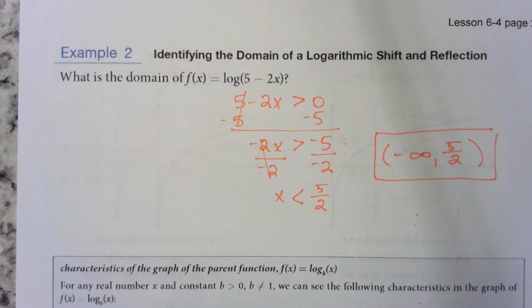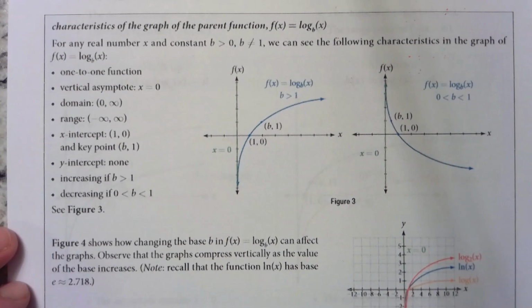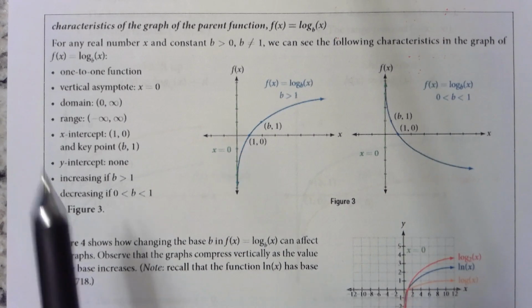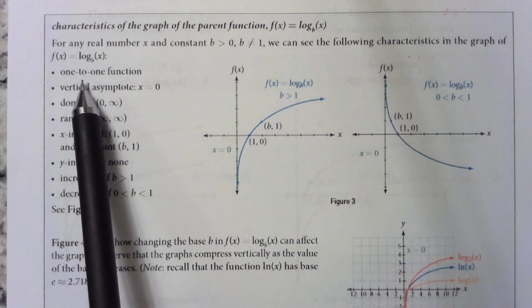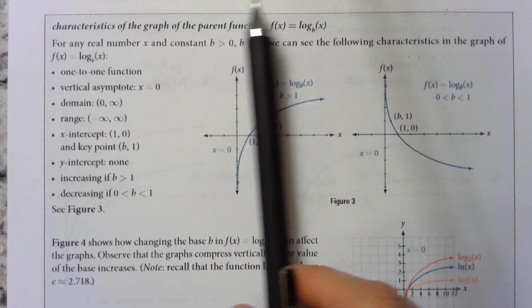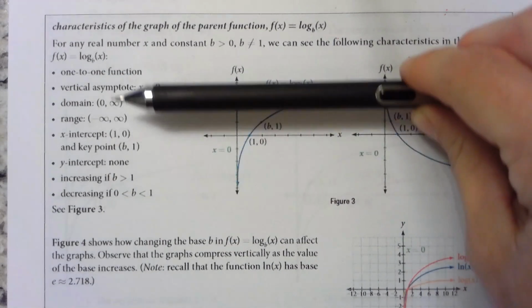So let's talk about all of the characteristics of a logarithmic function and its graph. It's kind of hard to fit all this on the screen, but let's see what we can do. First of all, it's a function because it passes the vertical line test. It's 1-to-1 because it passes the horizontal line test.